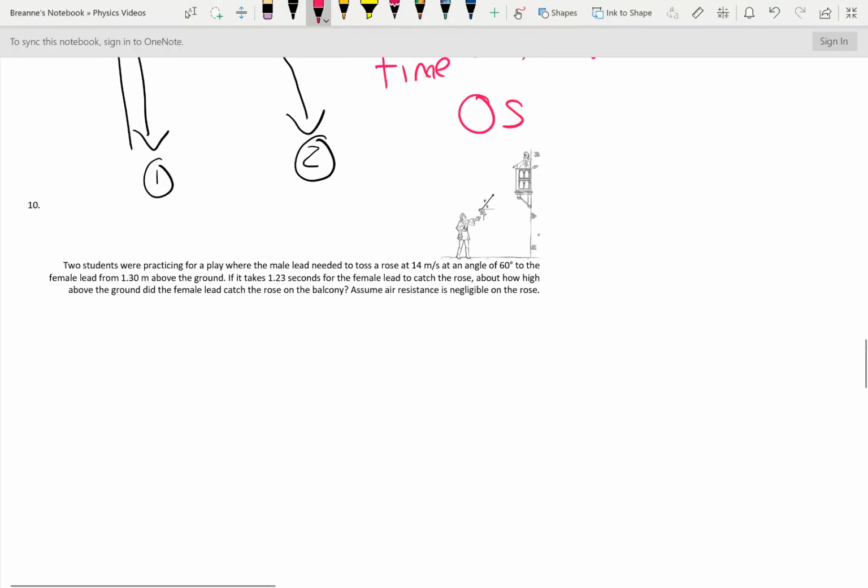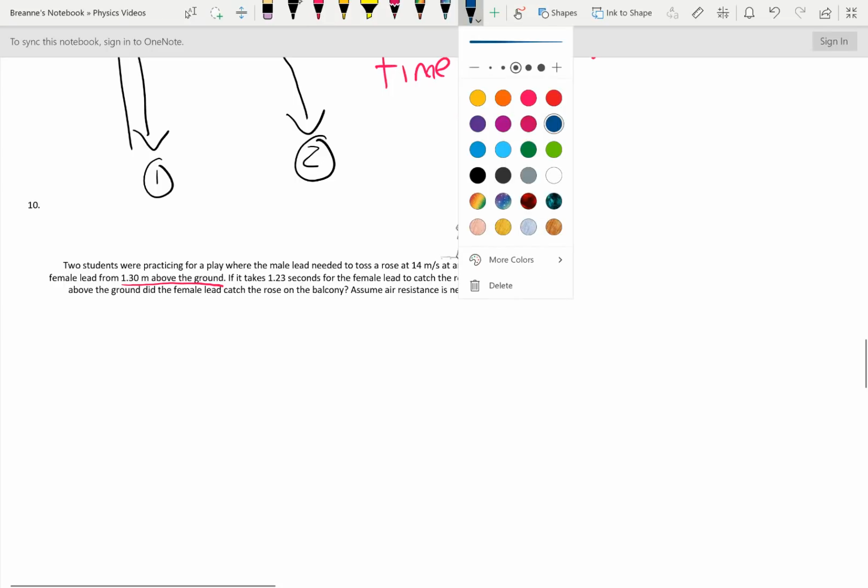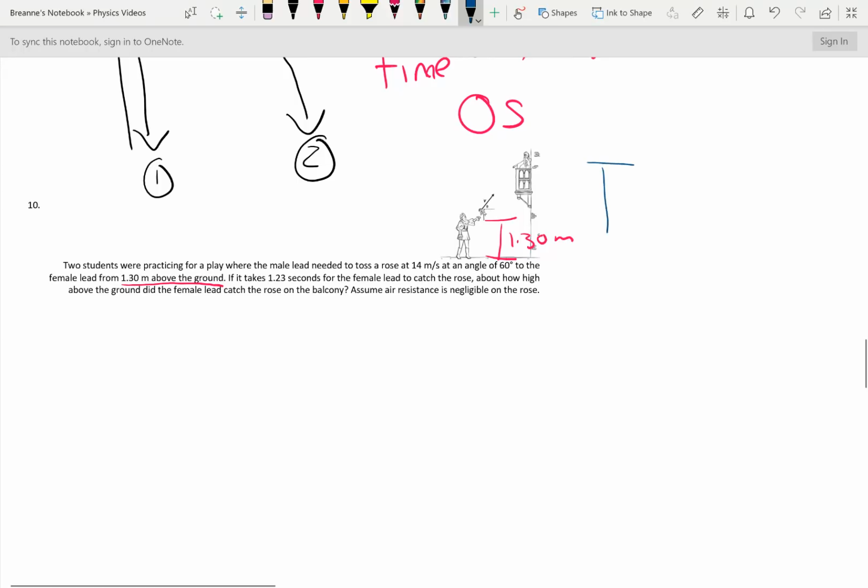So the most tricky thing right here is this. That is 1.3 meters. But what we're looking for is all of that.